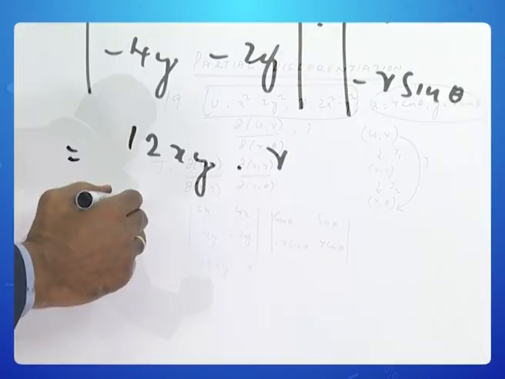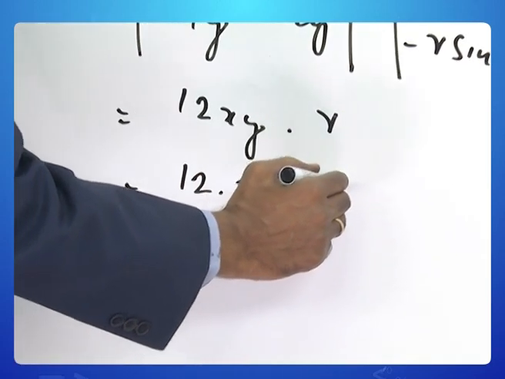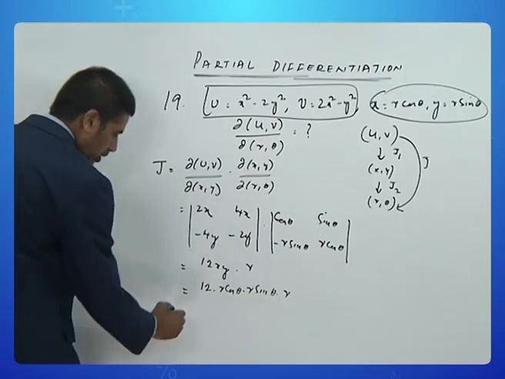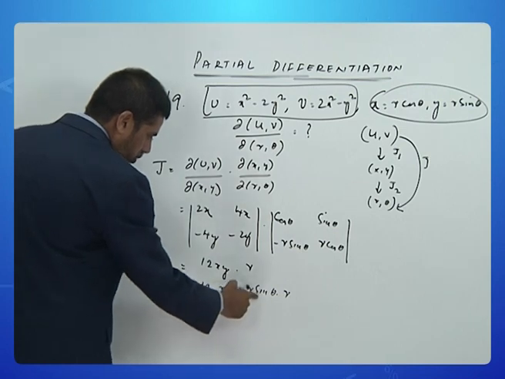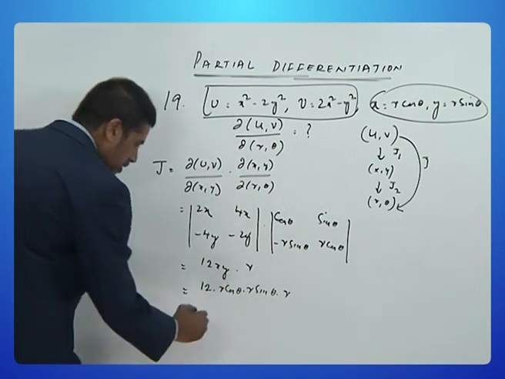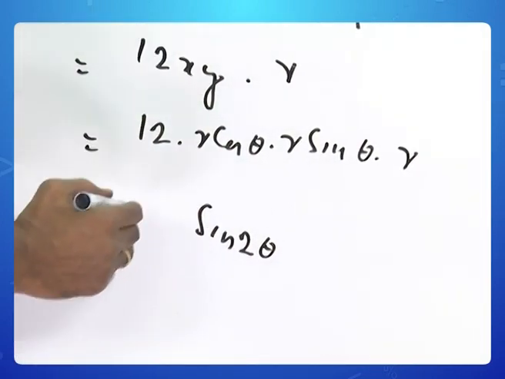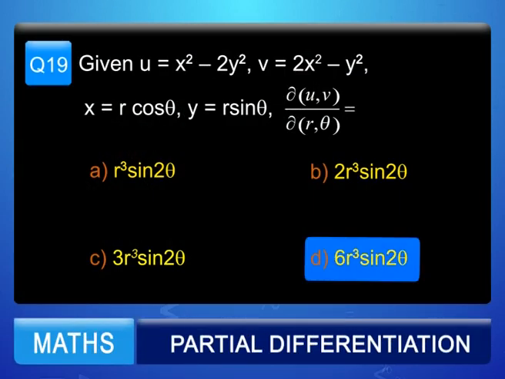So this will be 12 into r cos θ into r sin θ into r. Now if you carefully observe, 2 cos θ sin θ becomes sin 2θ, leaving a 6. So this should make option D the correct answer.